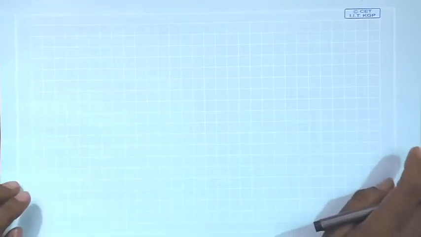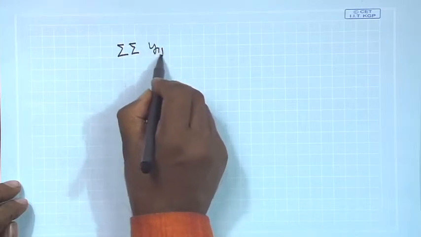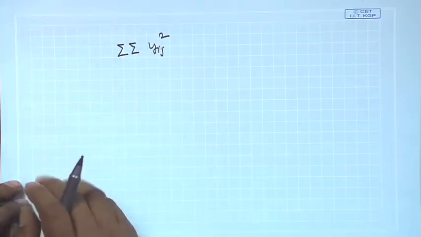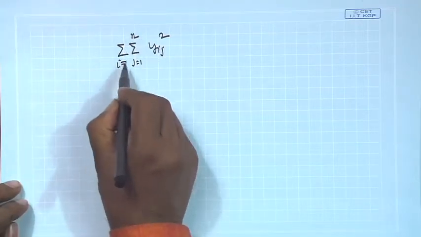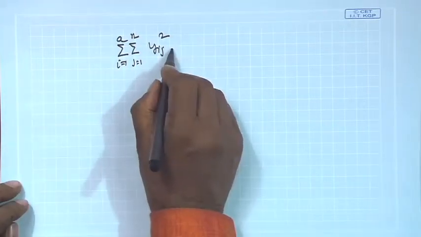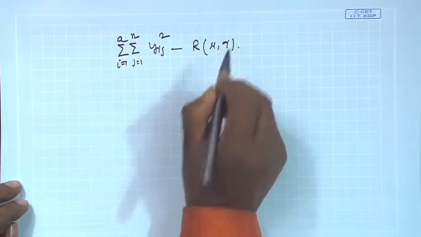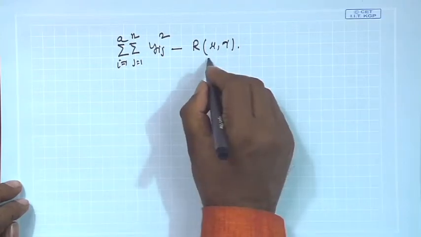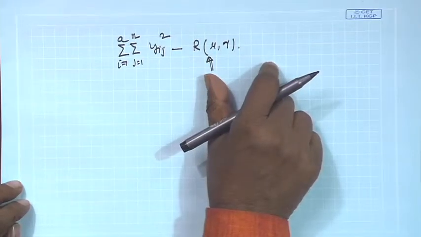Now, from the sum of squares point of view, that means the sum of squares of all the observations, we are not talking about sum of squared deviations, the sum of squares of all the observations, j equal to 1 to n, i equal to 1 to a, if this is subtracted by R(mu, tau), this is the reduction of variability if the ANOVA model is used.